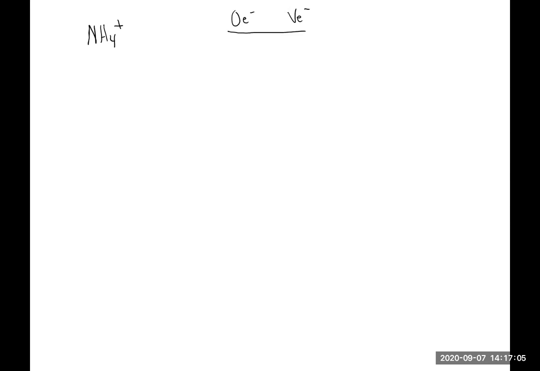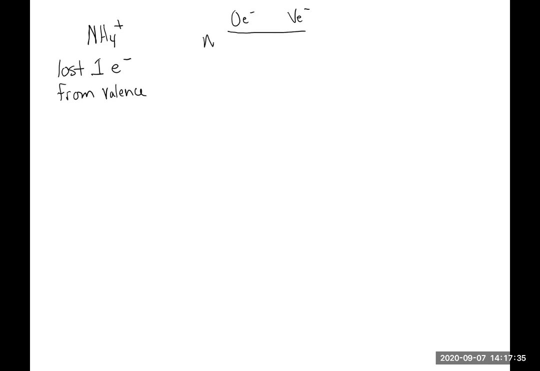Because ammonium has a +1 charge, that means that ammonium must have lost 1 electron. And so we're going to have to take that away from the valence, not the octet, not the theoretical, because it still wants what it wants. But it lost an actual electron from its valence. So we're going to have to take that away from the valence.